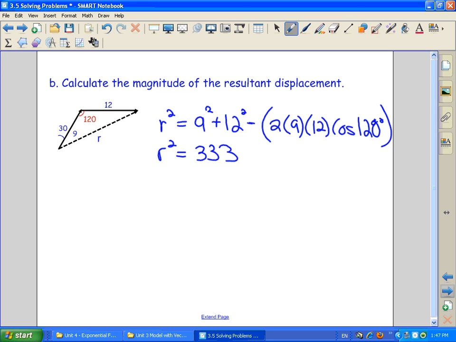333. Remember you have to get r by itself, so r equals the square root, just in case people forget how to do that. So resultant equals 18.248.